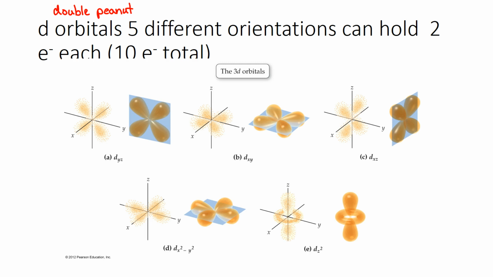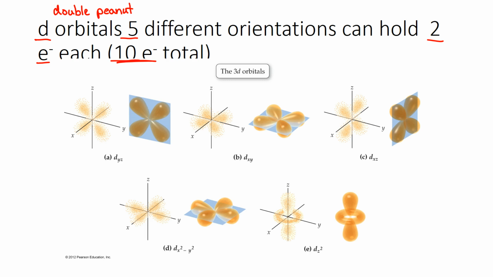All right, so again, the d orbital has 5 different orientations. Each orientation can hold 2 electrons, so 10 electrons total. Now again, I'm going to come over here to the periodic table. If you count from here to here, how many columns is that?